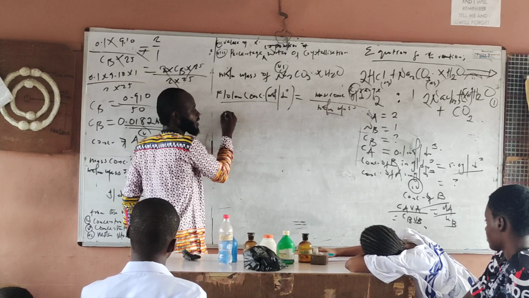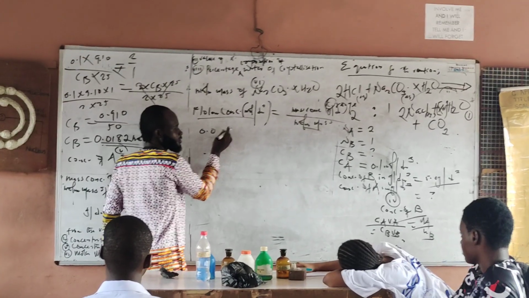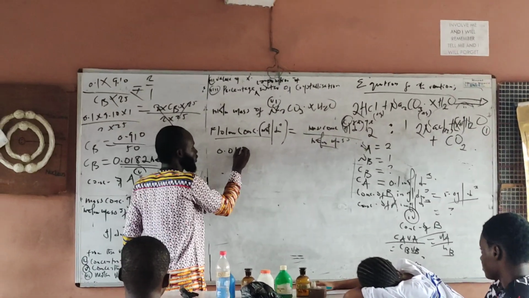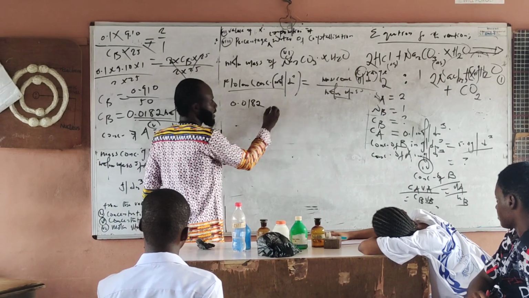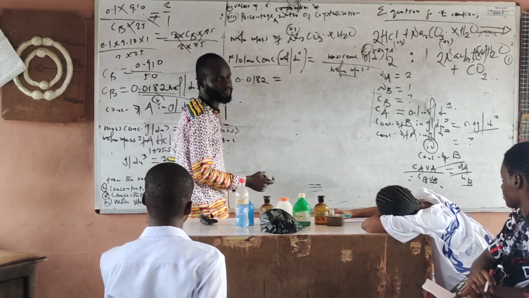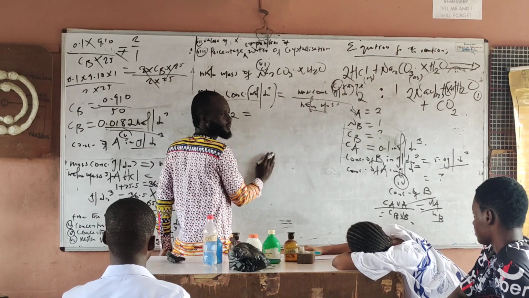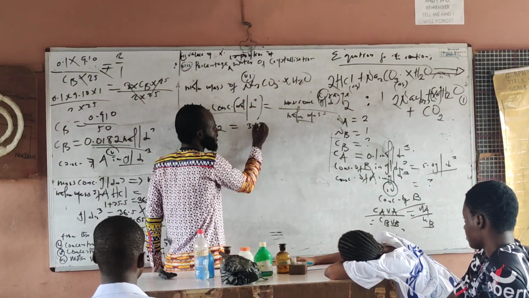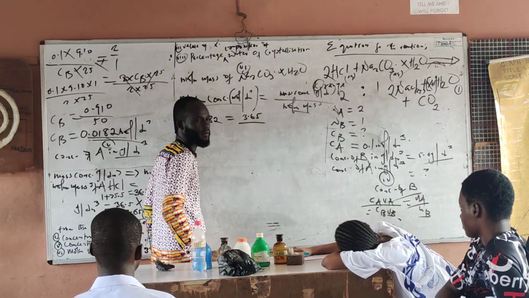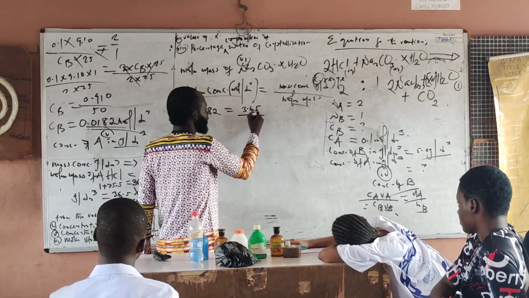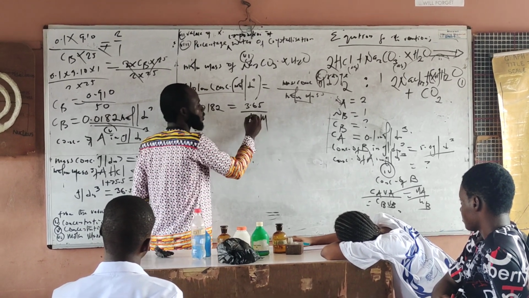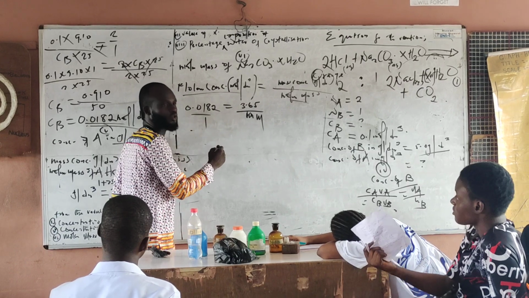So we have 0.0182 equals the mass conc over the molar mass. Mass conc is 3.65 over what is the molar mass? That's what I'm looking for. You write Mm, which is molar mass. Then you cross multiply.